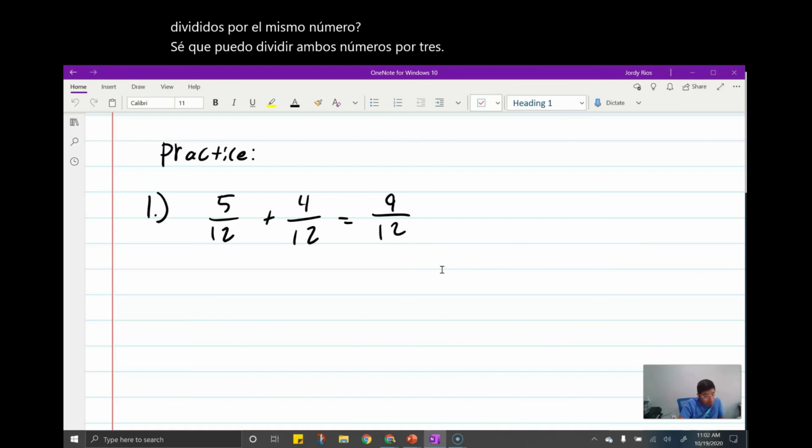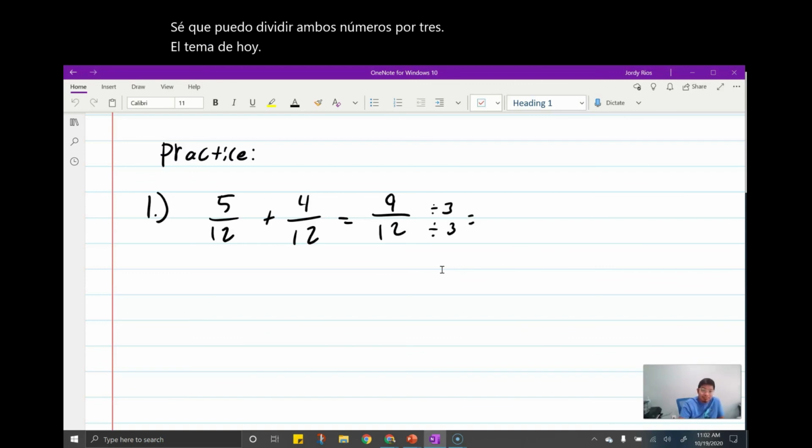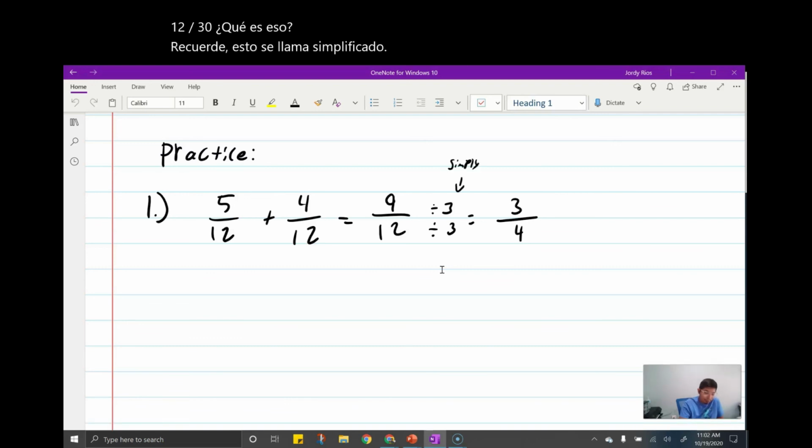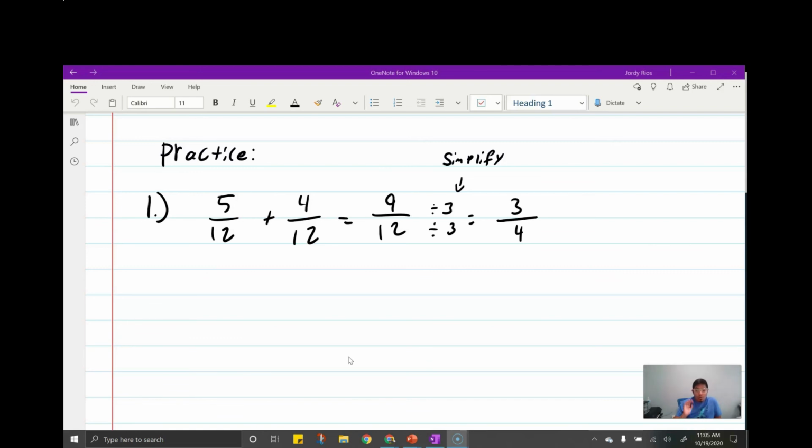Anything I do to the top, I do to the bottom. 9 divided by 3, what is that? 3, good. 12 divided by 3, what is that? 4, good. Remember, this is called simplify. Now my question to you is, is your answer reasonable or not? Go ahead and stop right here and think about that.